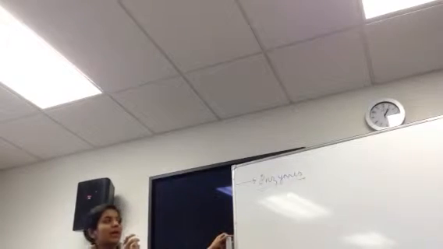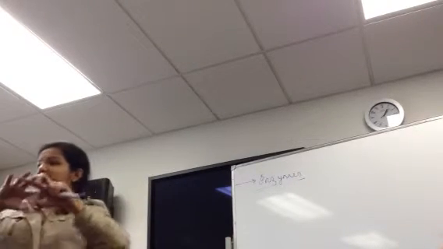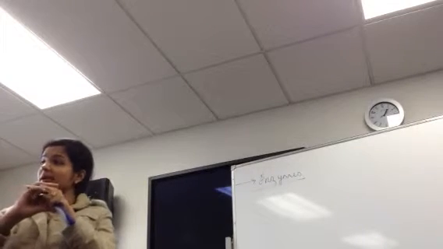Every time I said troponin I and troponin T are within the cell, so every time a cell lyses or undergoes cell death, there is going to be release of troponin outside. Does that make sense?